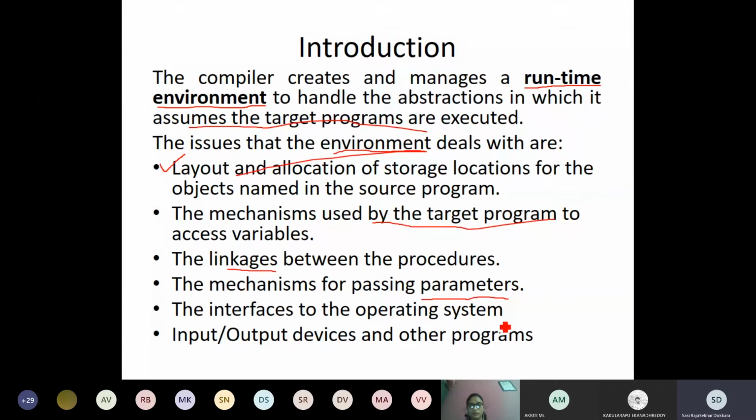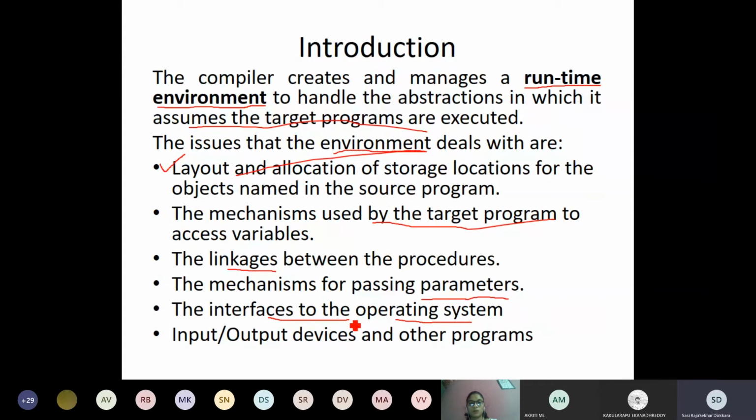And coming to the other issues, the operating system interfaces, because all the resources that the program wants to use are in fact handled by the operating system. So the different interfaces that are required to communicate with the operating system or to request resources, for example if you want to take input.